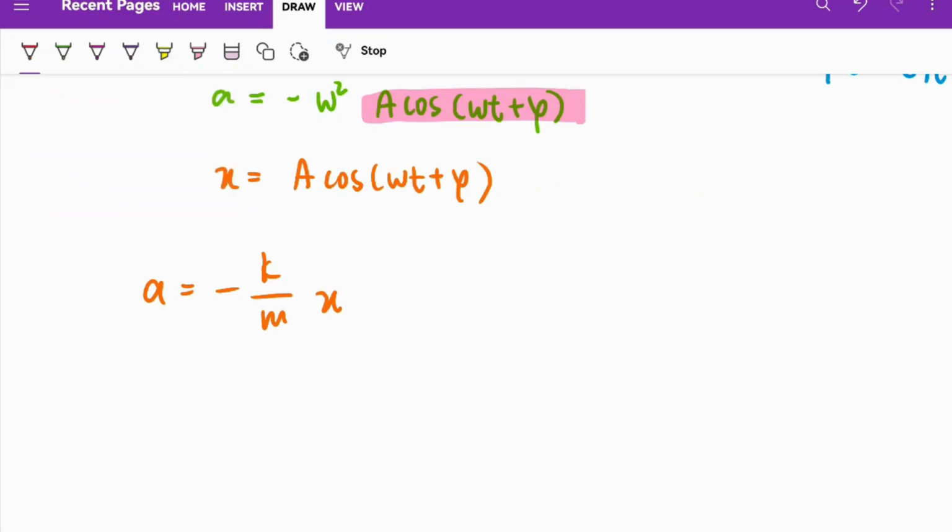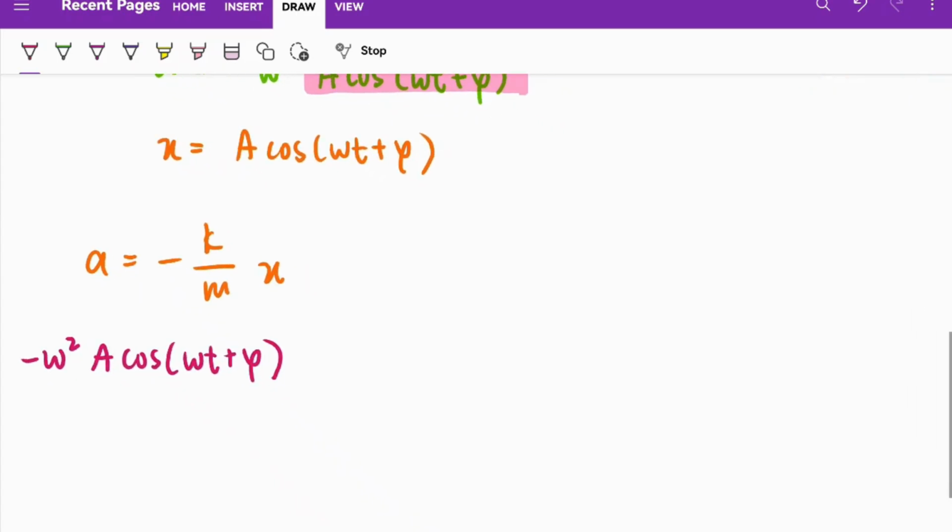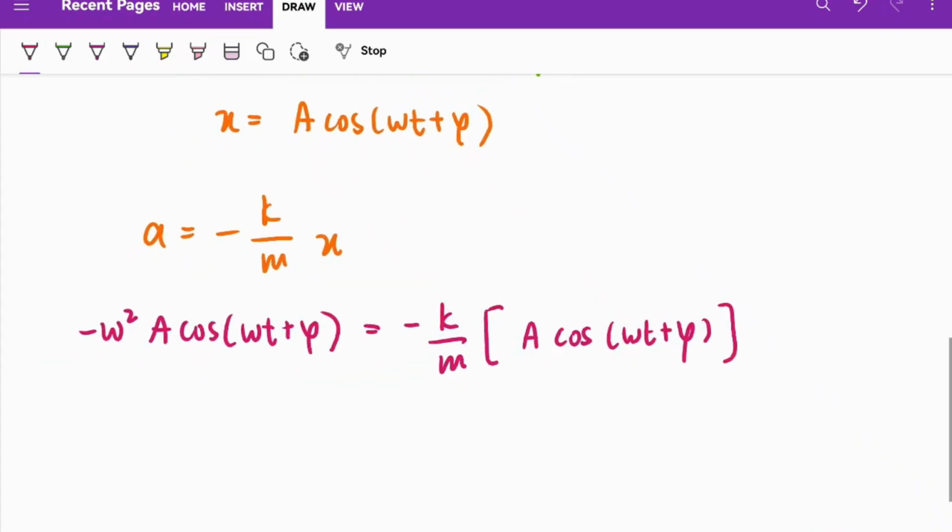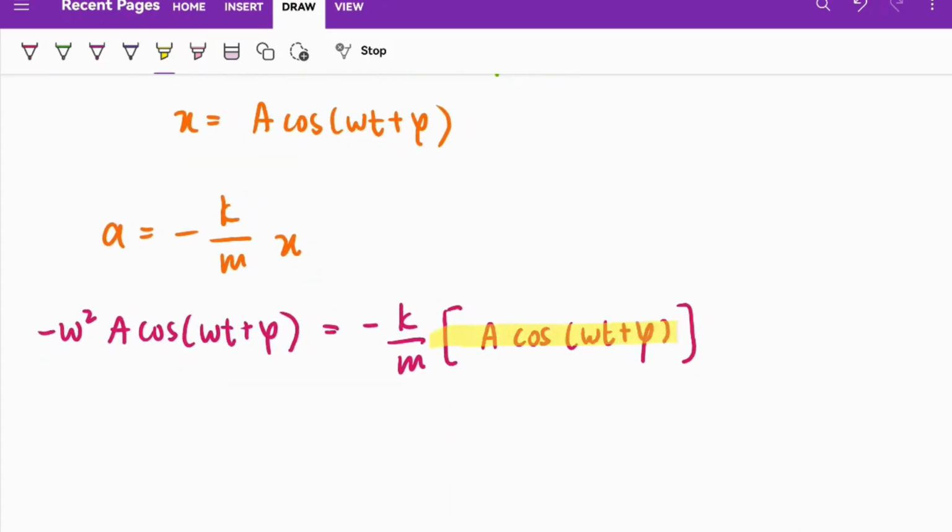A is negative omega square a cos omega t plus phi equals negative k over m, times a cos omega t plus phi. I'm going to put a big bracket here. We have said that this and this are the same.